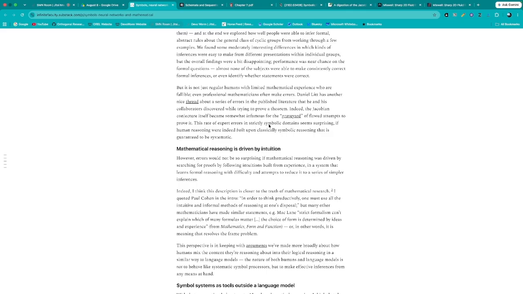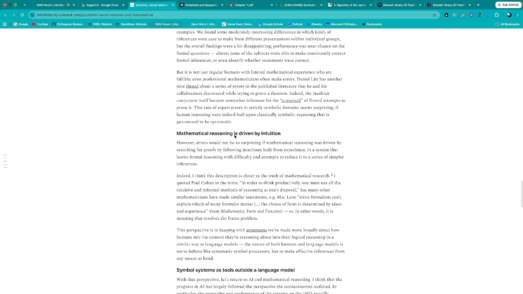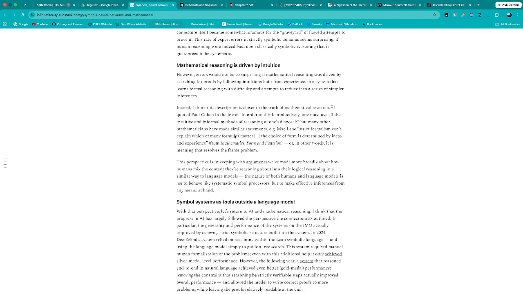This rate of expert errors in a strictly symbolic domain seems surprising if human reasoning were indeed built upon classic symbolic reasoning, the type that is guaranteed to be systematic. And so he mentions Saunders Mac Lane's work on mathematical reasoning and how mathematical reasoning is driven by intuition.